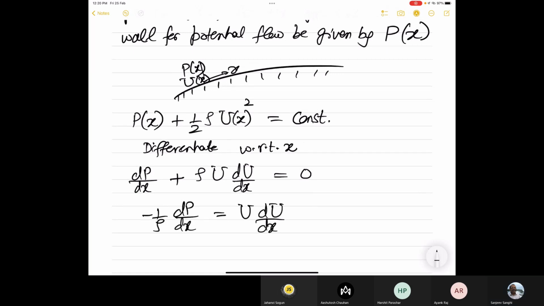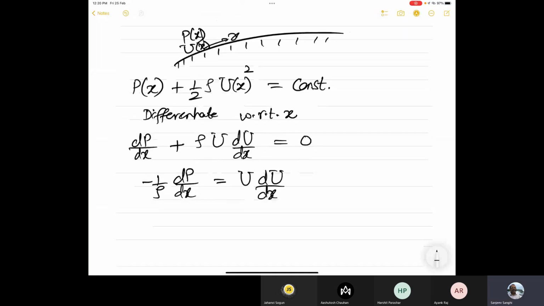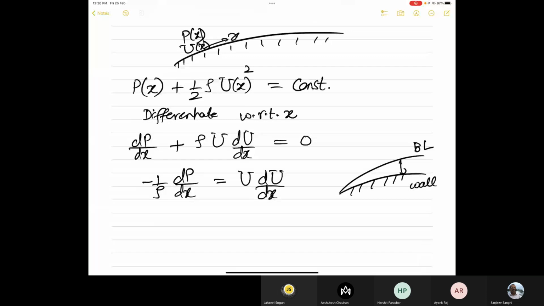Now I'm not explicitly putting x in bracket after U, but we understand U is a function of x for a general case. Now you see what our logic was. This is the wall. This is the boundary layer. This is x, this is y. And partial P by partial Y is equal to 0 in the boundary layer.